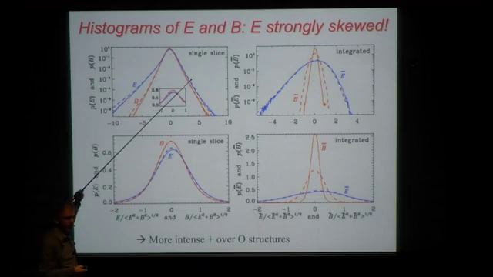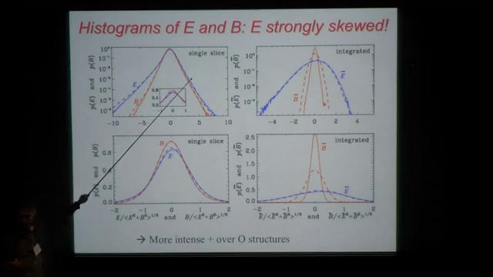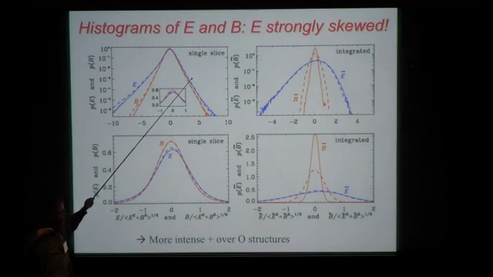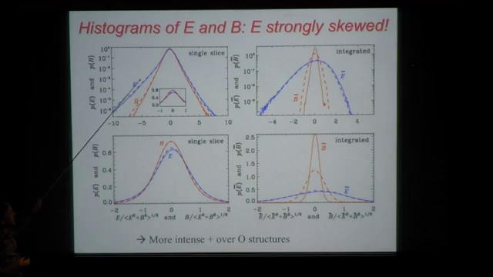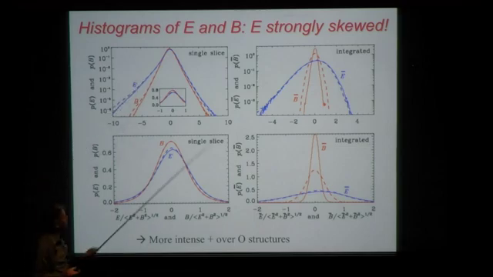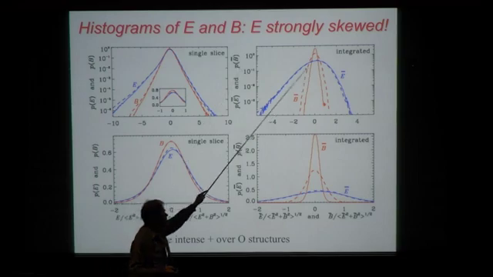And so we clearly have a difference in the typical structure of turbulence. Ring-like structures are subdominant, or not as strong as the plus or cross-like structures in the polarization. We see that both for single slices and for integrated.